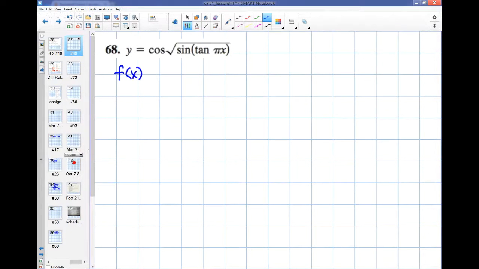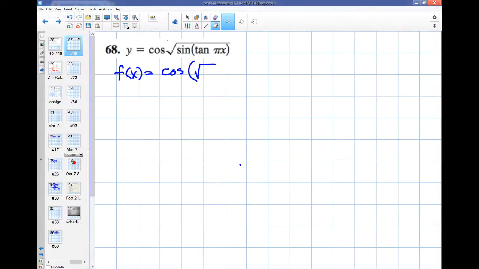So f of x equals the cosine of, and really it's of this whole thing, right? This is not multiplication here. It's the cosine of all of that stuff. So I'm going to just write it like that.